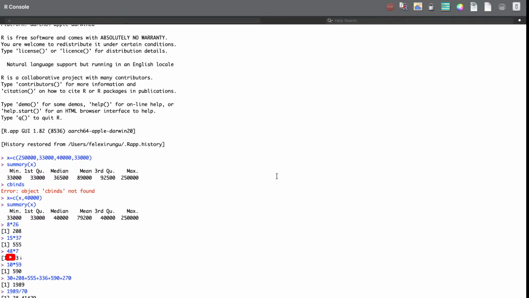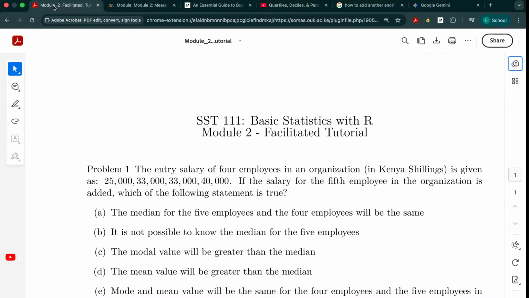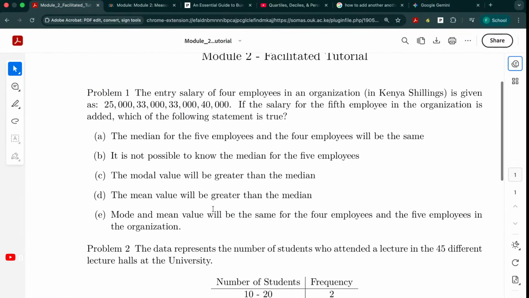So welcome to my study session. What I'm doing at the moment is a revision, and this is what I'm revising. For problem one, I chose the following answers.